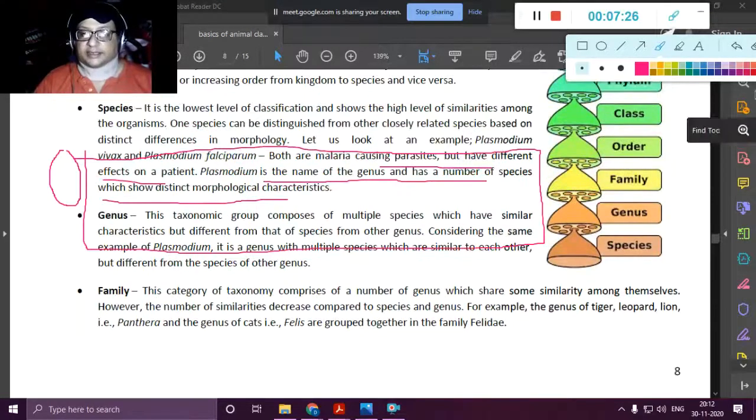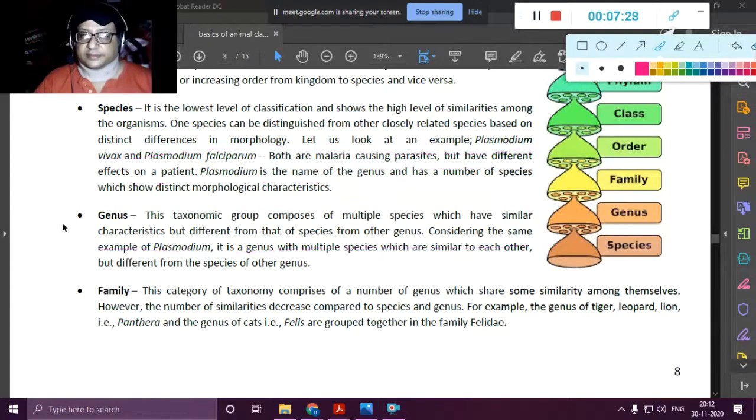The next is genus. The example which they gave is Plasmodium vivax, which causes the common benign malaria, and the other is Plasmodium falciparum, which causes the malignant malaria. So both are malaria causing parasites, but their effect is different.